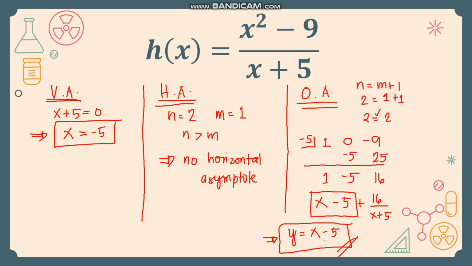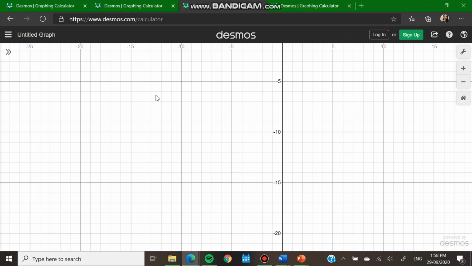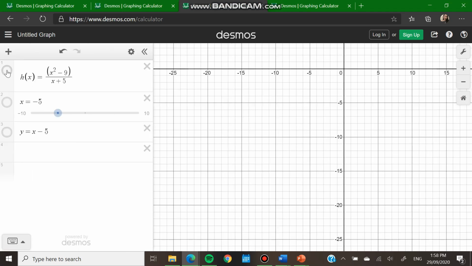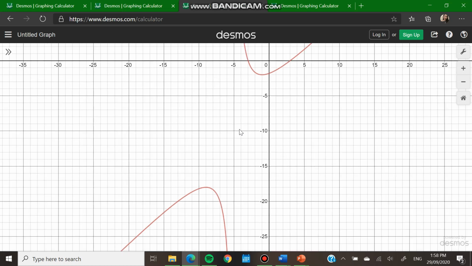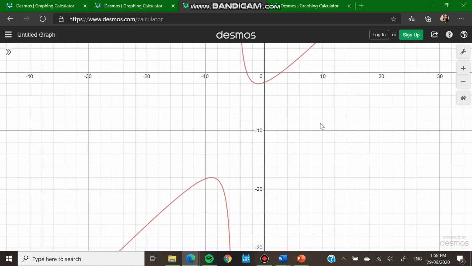So in this given rational function, we have vertical asymptote, which is x equals negative 5. There's no horizontal asymptote. And then the oblique asymptote is y equals x minus 5. Now for the graph of the given rational function, we have here this one. So this is the graph of our rational function.